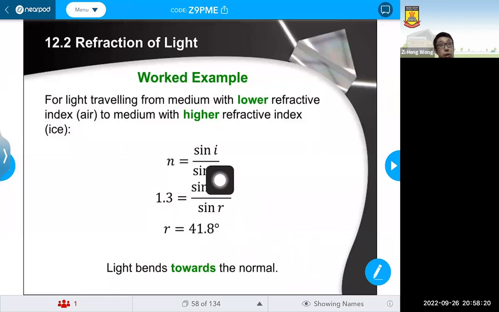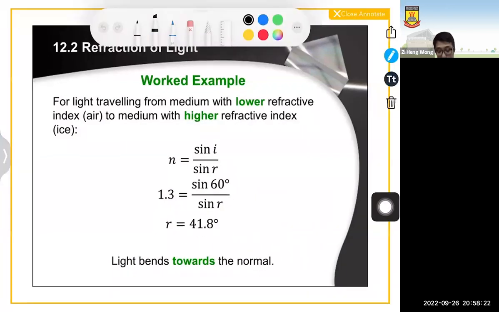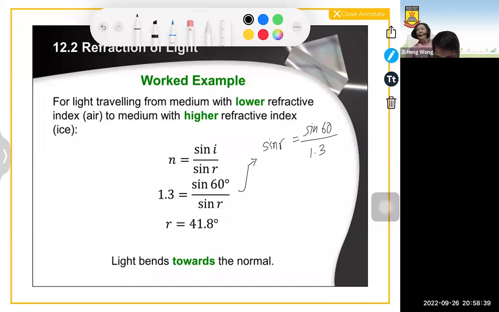The key thing to take note of here is to do the sine inverse. For those who haven't done a single question on this, what I mean is this: sine r equals sine 60 over 1.3.